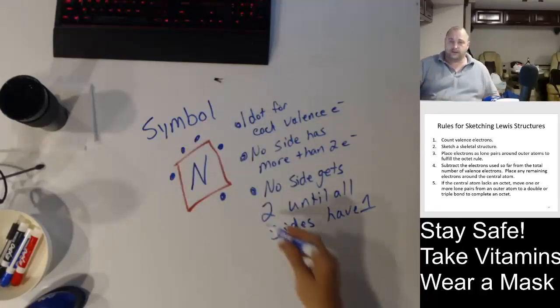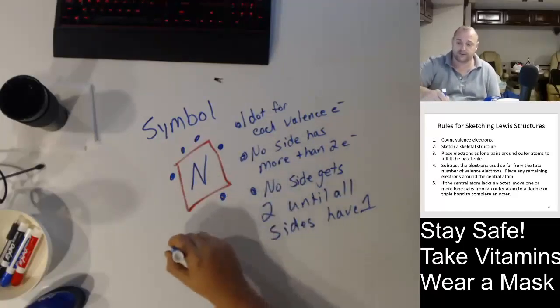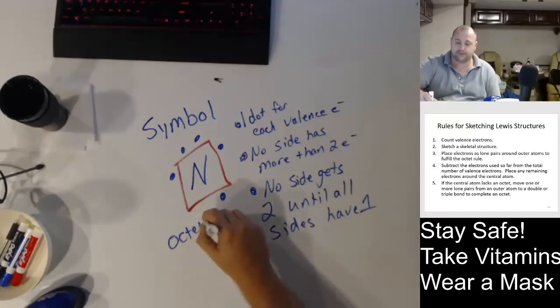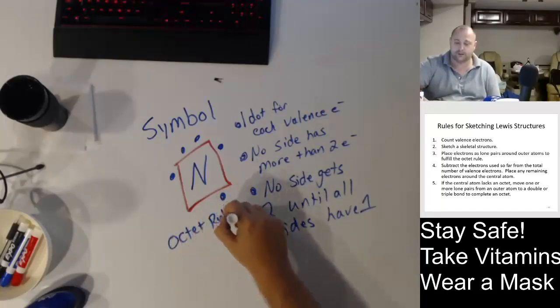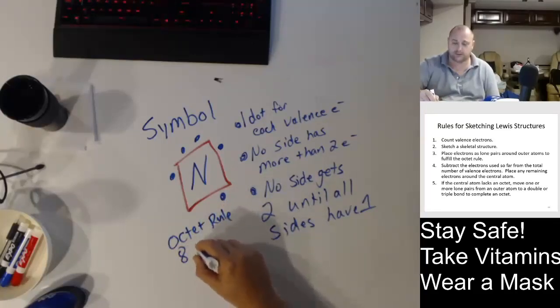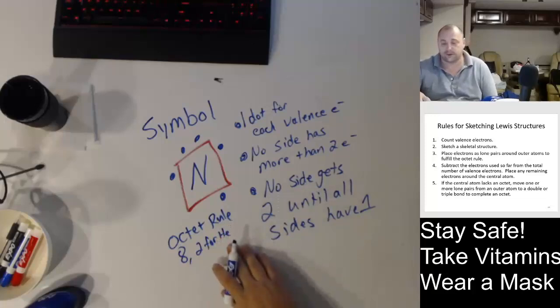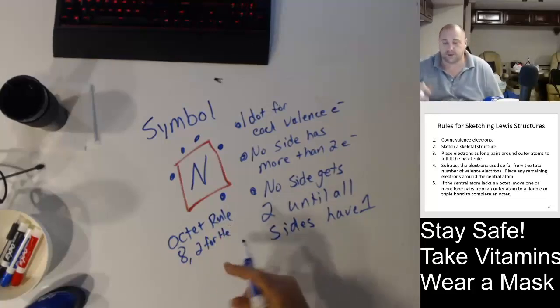Okay, now this is a great use for the representative elements. We can do the octet rule. Remember the octet rule, everything's trying to get to 8. And 2 for helium. All right, everything's trying to get to 8 unless it's trying to get to helium.